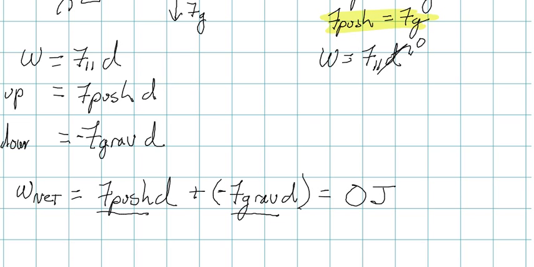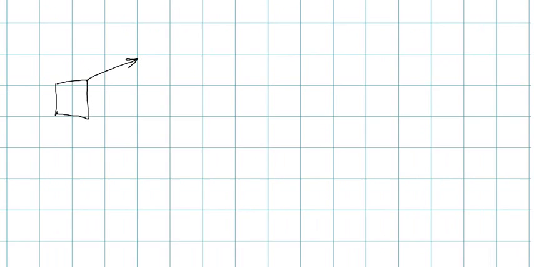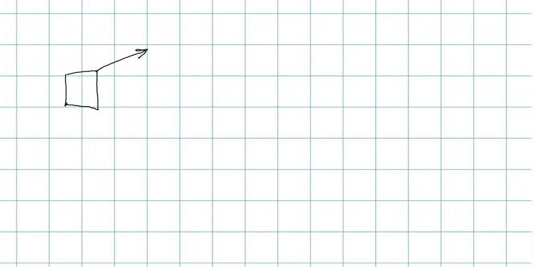Alrighty. So let's do some actual problems for your turn-in assignment. So we're going to be looking at a box. And this box is being pulled along at an angle of 37 degrees to the horizon.